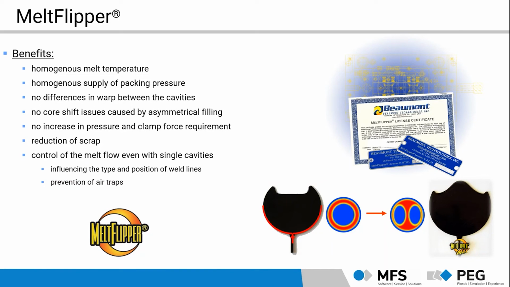We have no increase in pressure and clamp force requirement. We reduce our scrap. In general, it is possible to control our melt flow, even also in single cavities, which means an influencing maybe also on the time and position of weld lines. And yeah, of course, the prevention of air traps. This is what I showed you here.